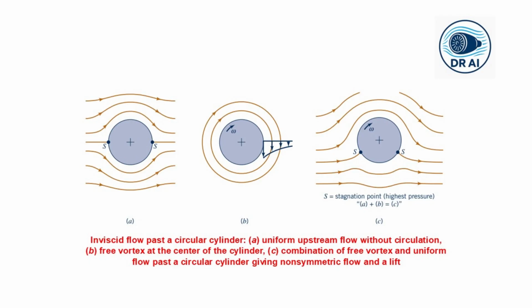In a real viscous fluid, rotating a cylinder drags fluid around with it due to viscosity, creating the circulation effect. So the same principle applies to spheres, which is why spinning balls curve in flight.